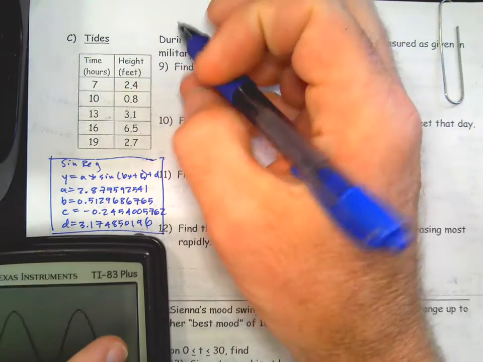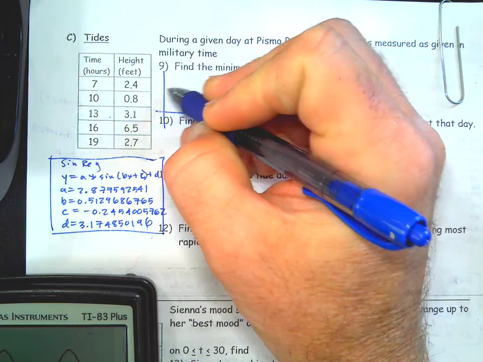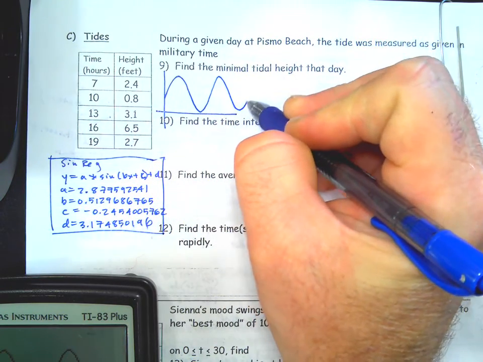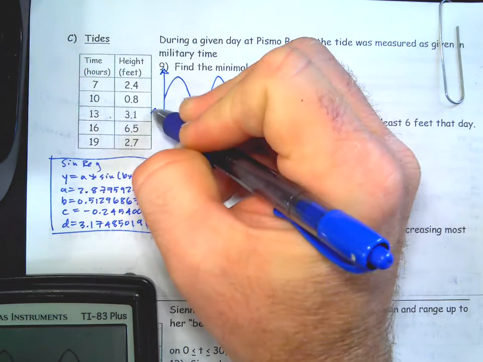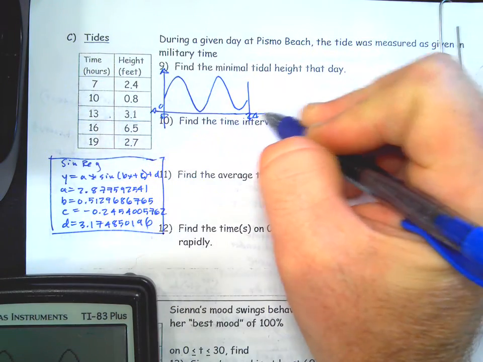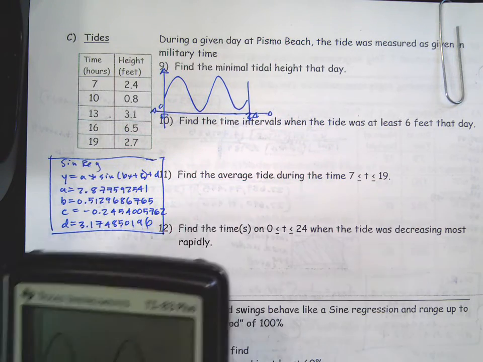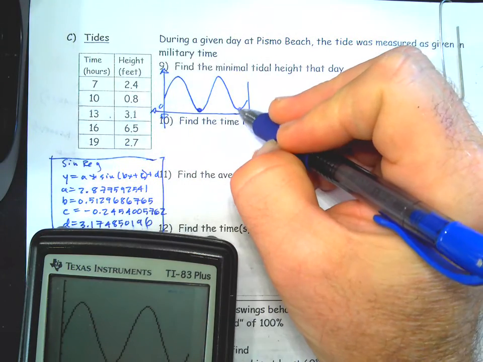Yeah, looks pretty good. So there's our tide heights of the day. Let's draw a sketch of this. Just a quick rough sketch of the part of the graph we care about, 0 to 24. Okay. So now find the minimal tide height. Well, here's the minimum tide height, and here's maybe another one.